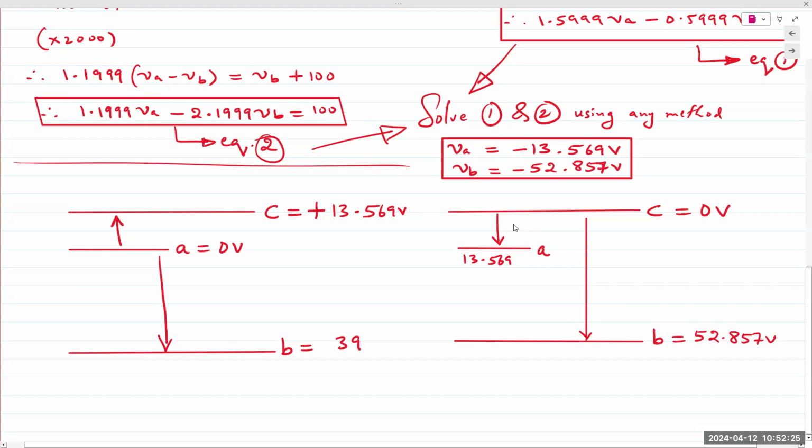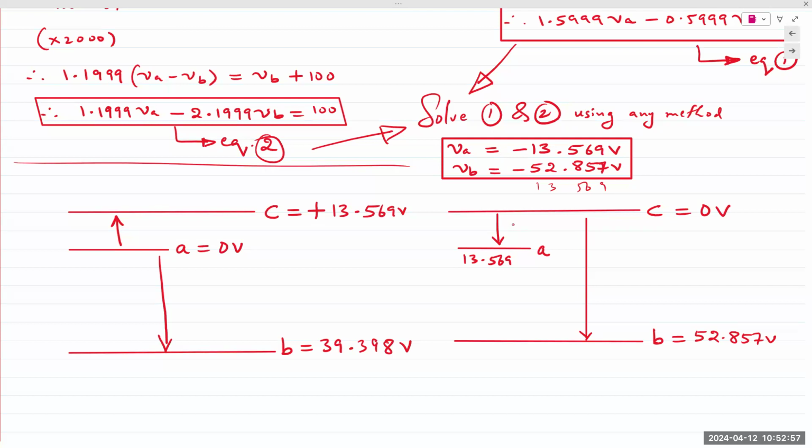Actually, I will not put a minus in there because it's a graphical illustration. The minus is implied by the down arrow showing me that B is below. That would be the answer for VB.